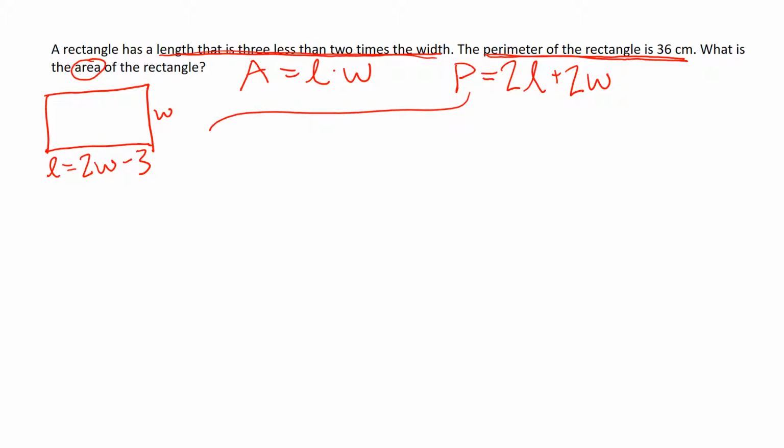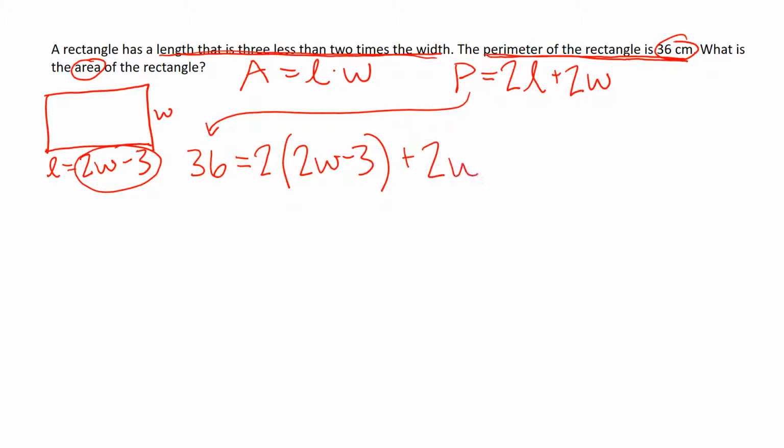And let's come over here to save some space. So the perimeter is 36 centimeters. So we have 36 equals 2 times the length. And I'm going to use this expression right here, 2W minus 3, plus 2 times the width. And we're using this right here.